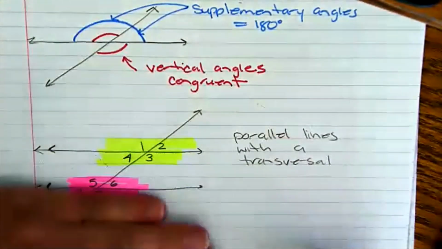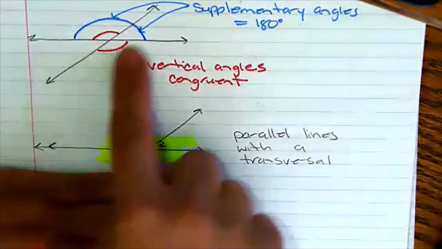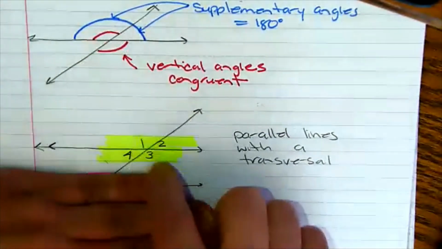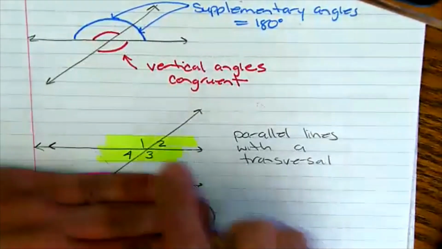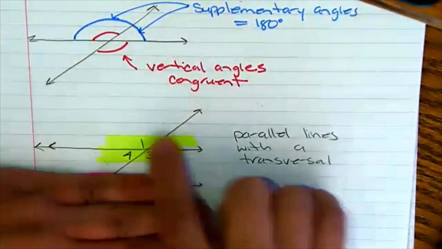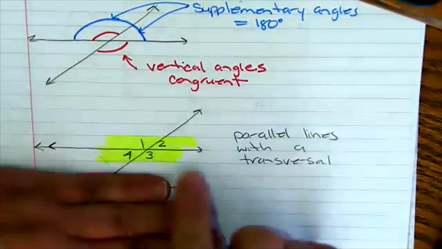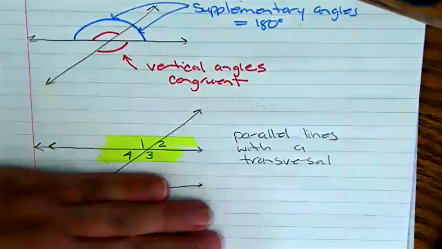This right here is what we've been working with. We have vertical angles that are congruent. We know that we have supplementary angles that equal 180 degrees. This is what we've been working with for the past 2 days.